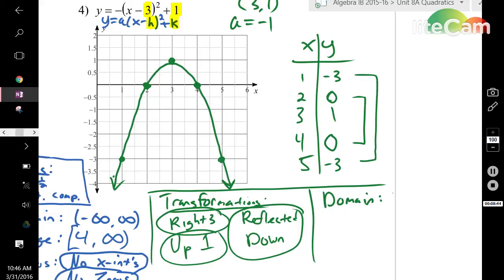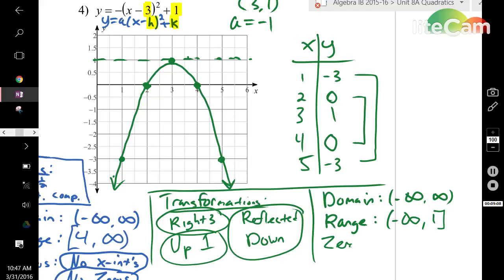Domain, again, it goes left and right continuously forever, so negative infinity to positive infinity. Range. Now the lowest point here, there is no lowest point. It starts at negative infinity. It continues down forever. But it does top out here on the graph at positive 1. So your range is from negative infinity to positive 1.